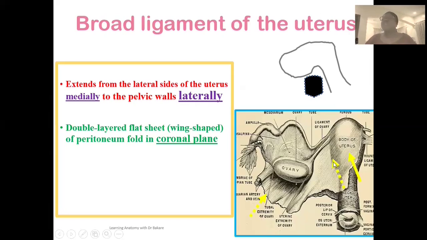And this is where we then have the emergence of the broad ligament. This is what gives it a double layered picture. So you see that it is double layered, and it extends from this lateral end of the uterus, directed laterally to be inserted on the lateral pelvic wall.